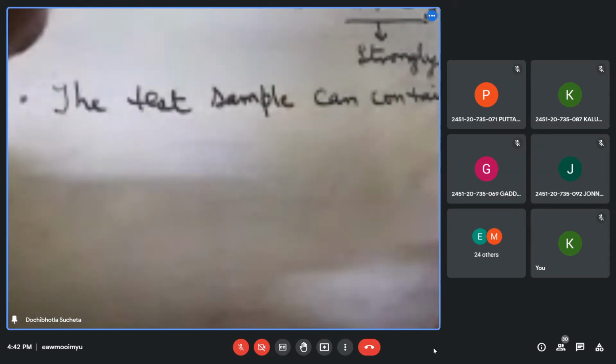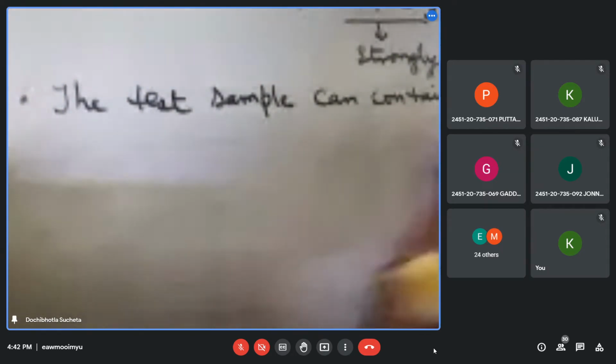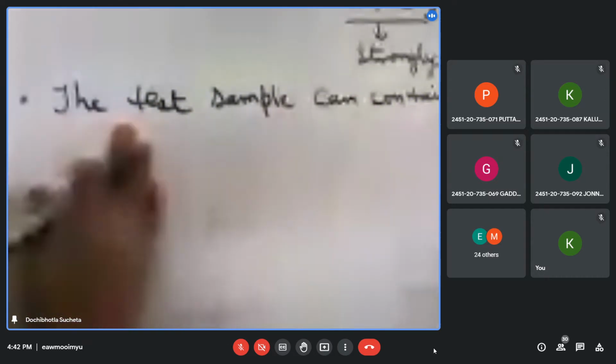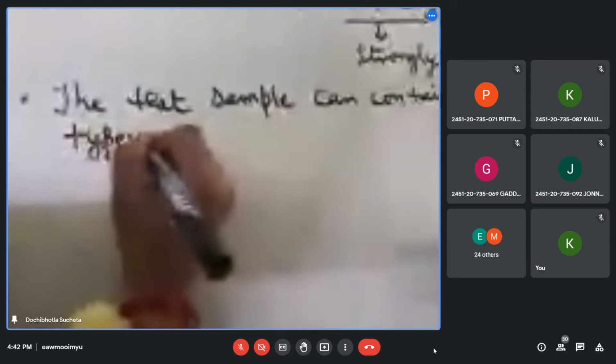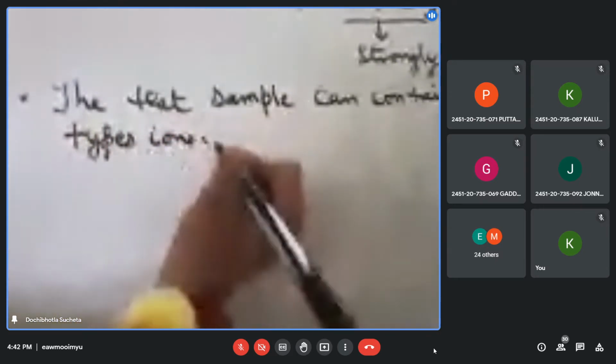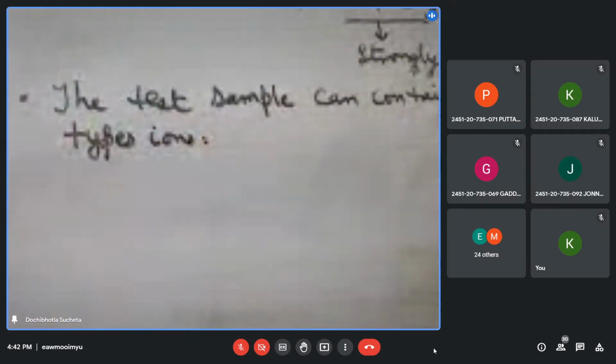How many types of ions is the next discussion. How many types of ions? అంటే what I am asking, whether in a particular experiment I am finding the concentration of only OH minus, or only carbonate, only bicarbonate, or their combinations.